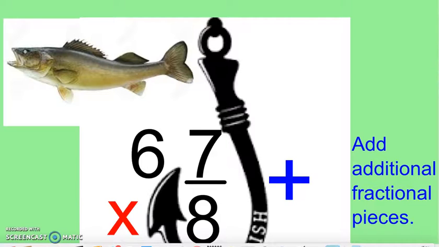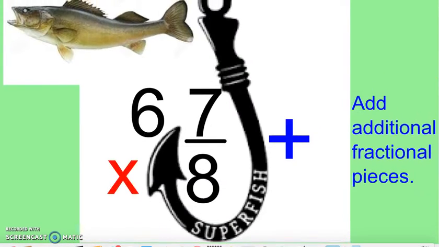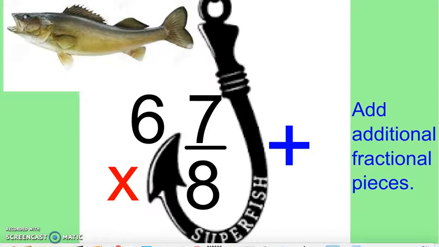One way to remember this is, I don't know if you've been fishing before, but my family and I like to go fishing. And so when we're taking 6 times 8 and then plus 7, it kind of creates this symbol, kind of like a fishing hook. And so I thought of fishing. Well, when a fish goes on the hook, or even if you put bait on a hook, you have to slide the fish through the tip first and then slide it up the hook.